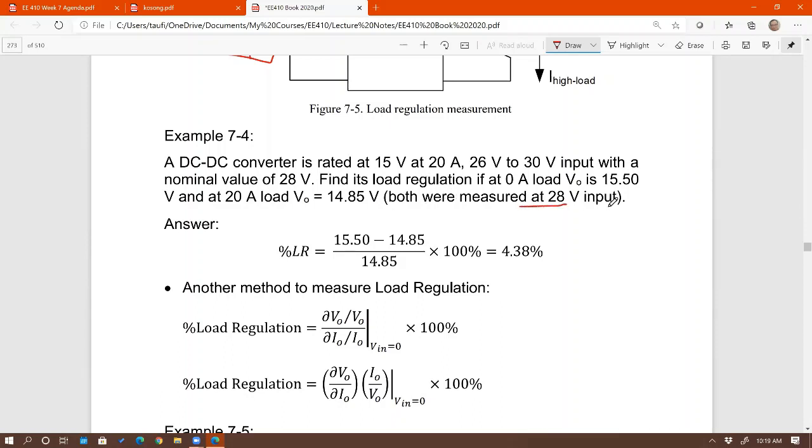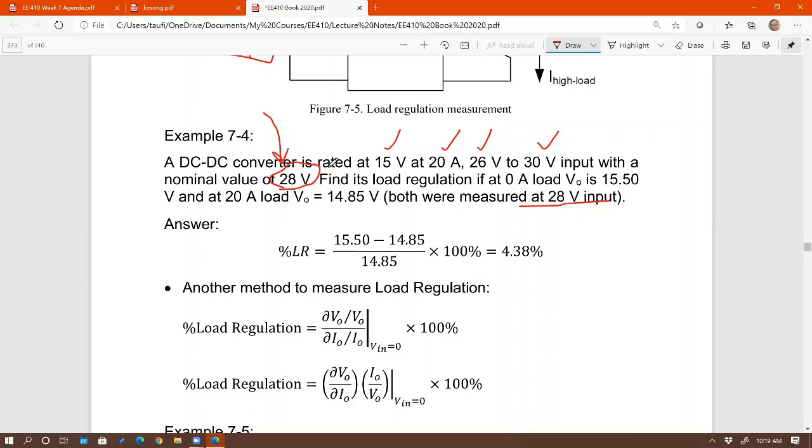Both are measured at 28 volt input. Rated at 15 volts means that's the nominal output voltage, with full load current of 20 amps and nominal input of 28 volts. For load regulation, we need to use nominal input voltage.